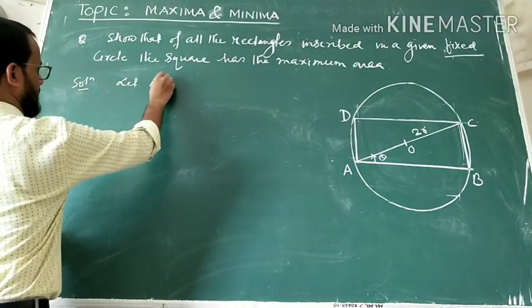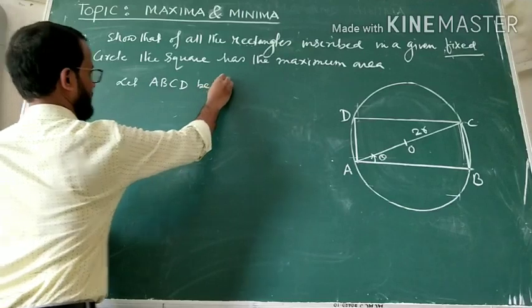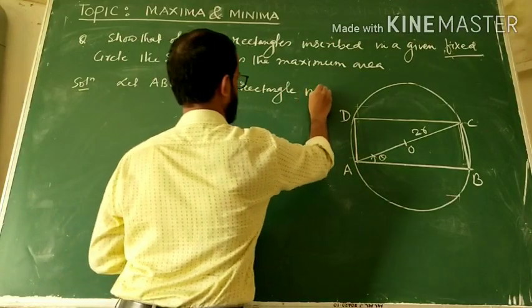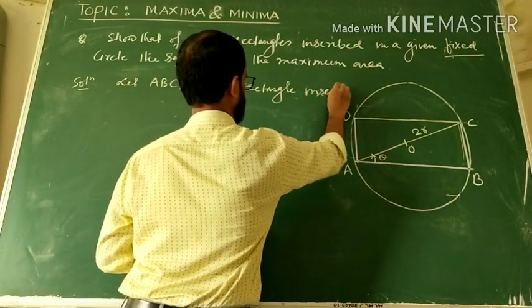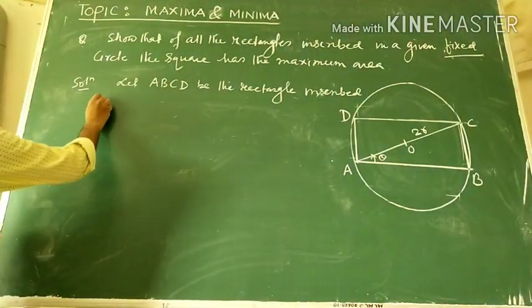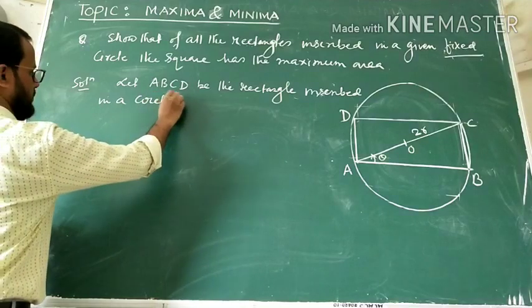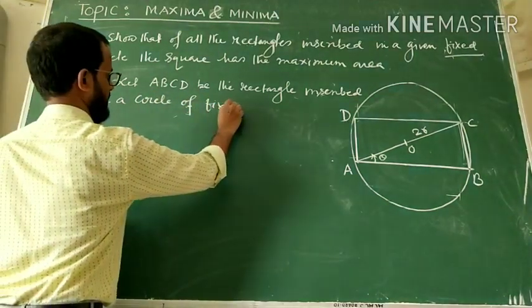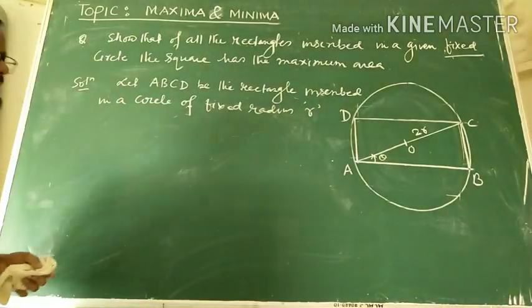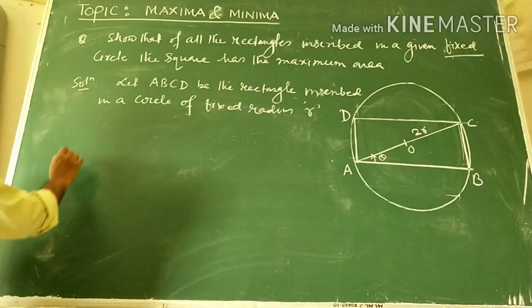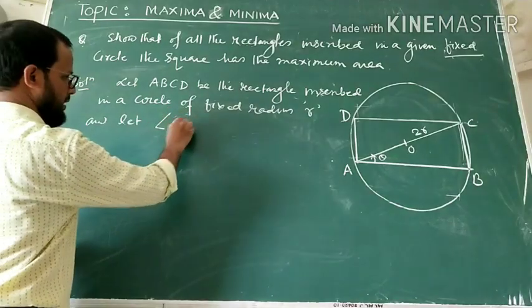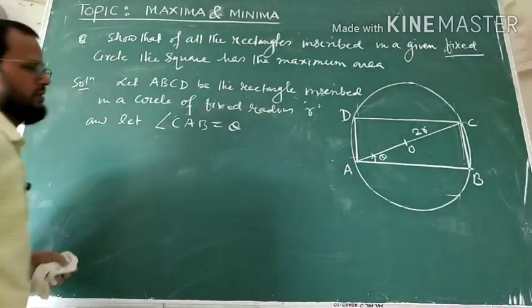Let ABCD be the rectangle inscribed in a circle of fixed radius r. And let angle CAB equal theta.